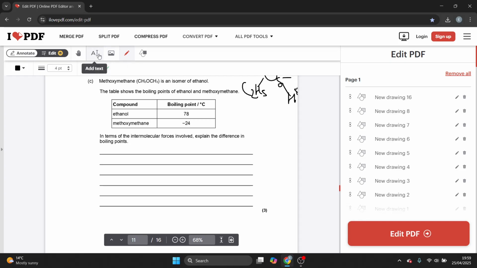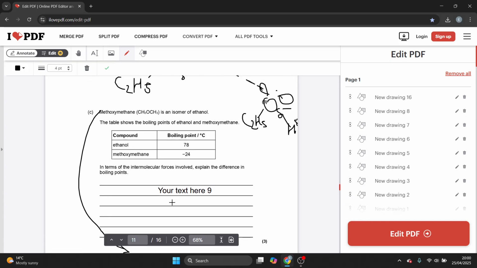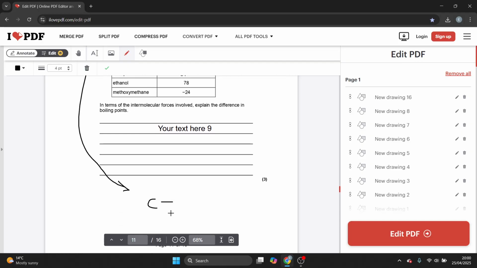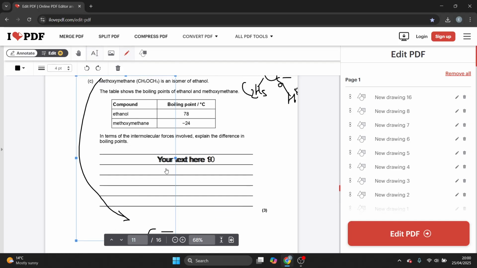In terms of intermolecular forces involved, explain the difference in the boiling points of ethanol and methoxymethane. Let's draw this out. Okay, ethanol. I already know what I'm going to say.